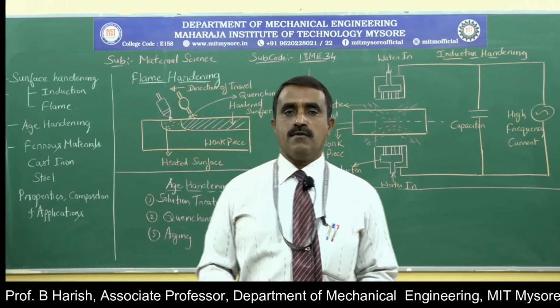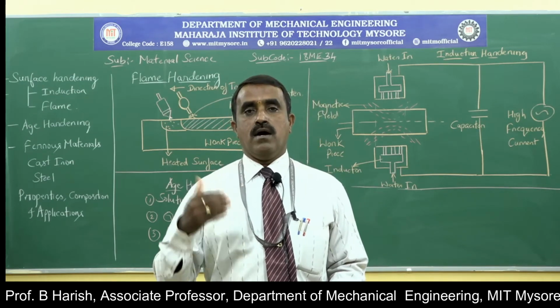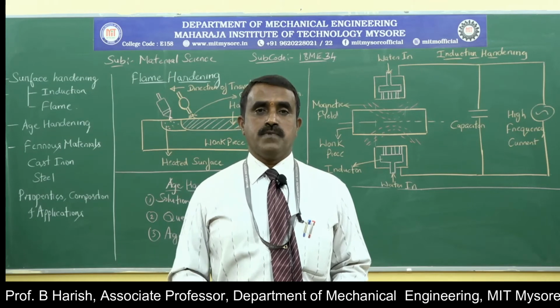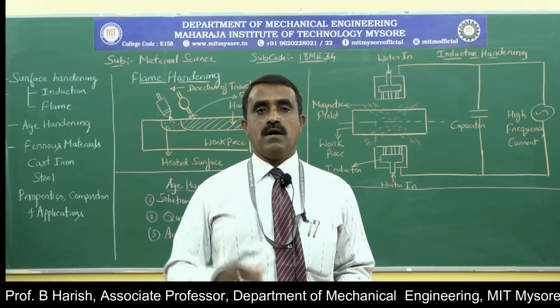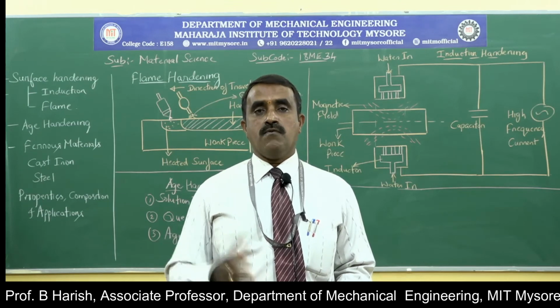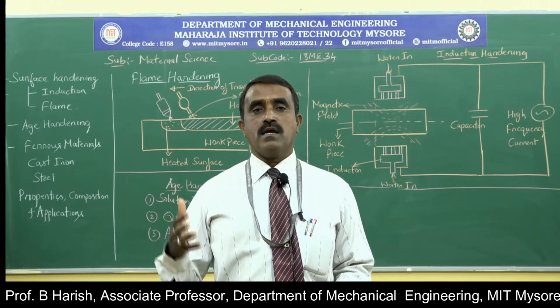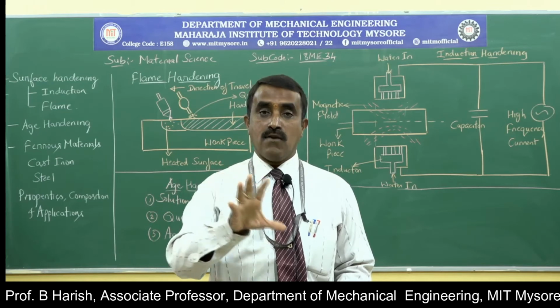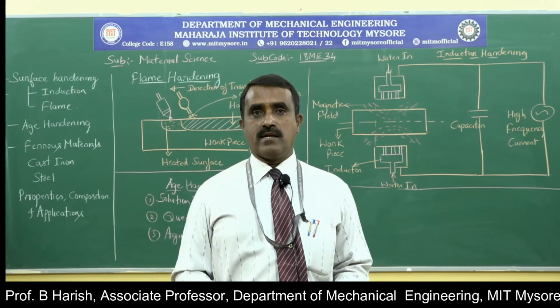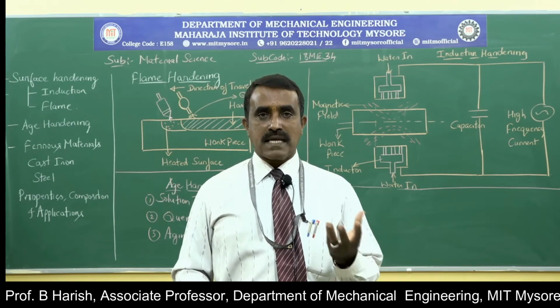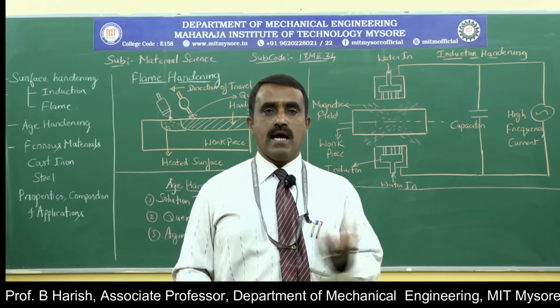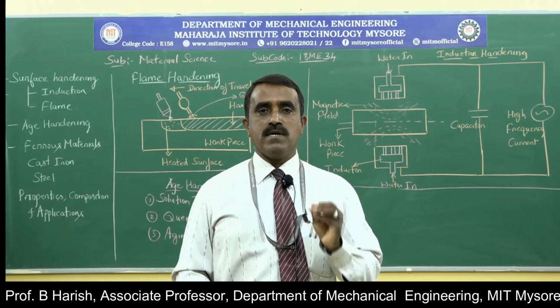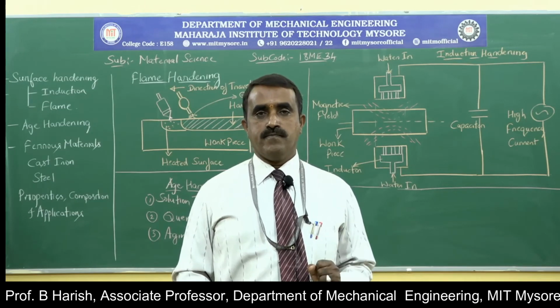As the name itself says, a gas flame is used. Already you know that in joining processes we have welding, soldering and brazing. Similarly, in welding we have gas welding, where we use a gas combination, oxygen-acetylene or oxygen-hydrogen. When this gas is ignited, we get a flame.